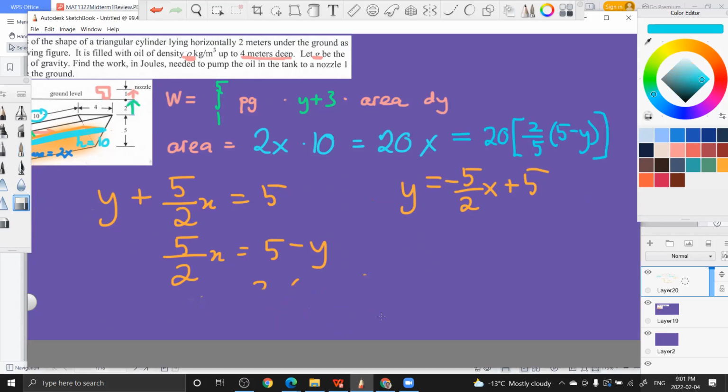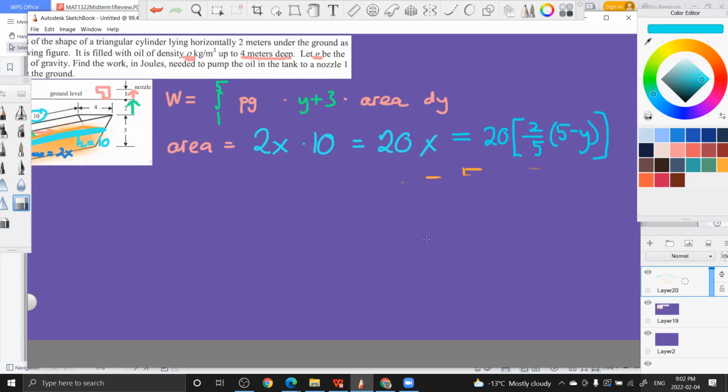I'm going to erase all of this. This is going to be 8 times 5 minus y. And that's it. That's the area. We can plug it back in here. So the area is 8 times 5 minus y dy.